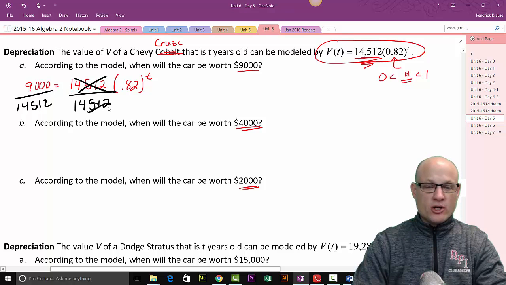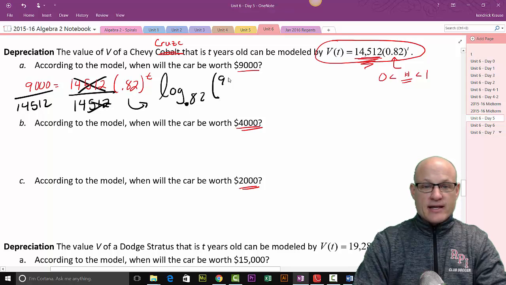Those go. Now we're going to change the form. It's all about the base. So log base 0.82 of 9,000 over 14,512 is equal to t.